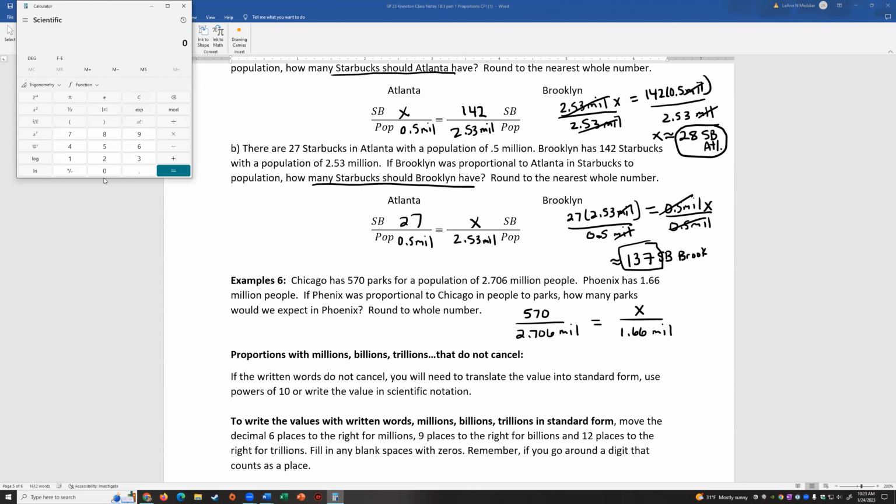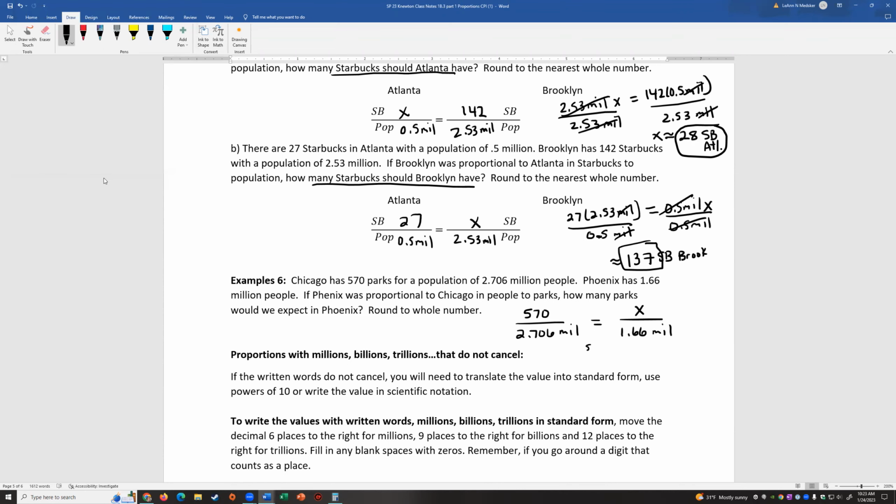So this would be 570 times 1.66 mil equals 2.706 mil times X. Divide both sides by 2.706 mil. Notice the millions can cancel on the left side.